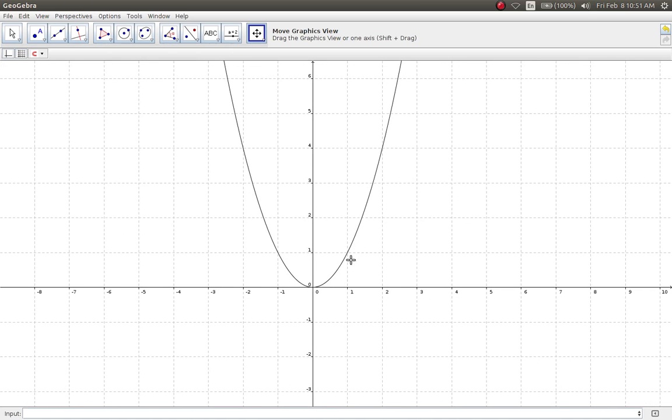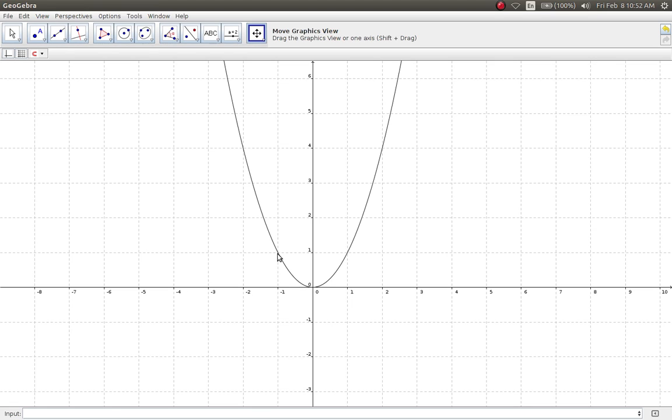Now, what are the values of x when y is between 0 and 1? What you could look at here is that x is 1, y is 1, that's one value.